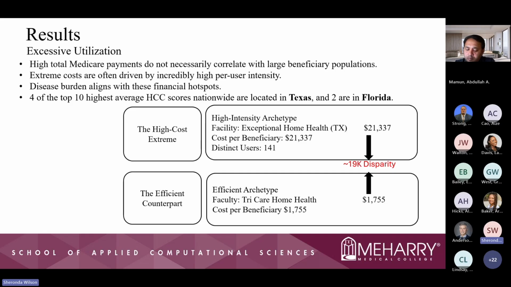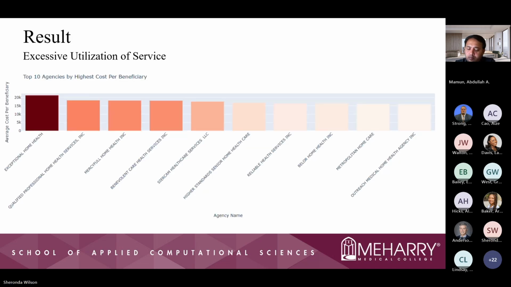And so as you notice there is a $19,000 discrepancy. So this demonstrates that high Medicare spending is not always driven by large patient volumes. In some cases, it's driven by very high per patient intensity.